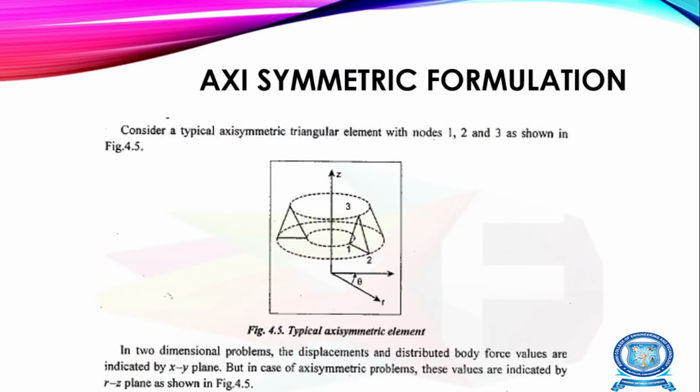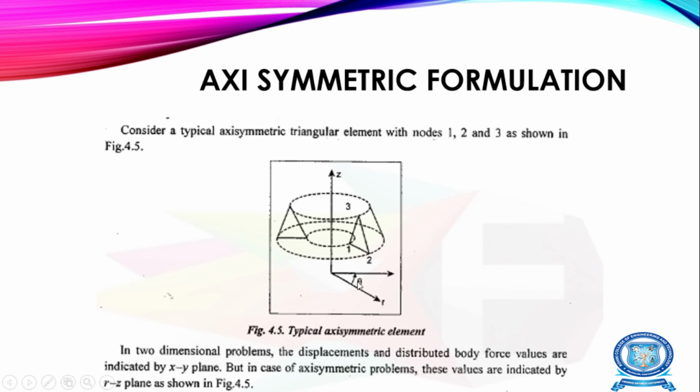Now the next topic is axisymmetric formulation. We are considering an axisymmetric triangular element, and it has 3 nodes, 1, 2 and 3. The displacement and distributed body force values are indicated in the xy plane.